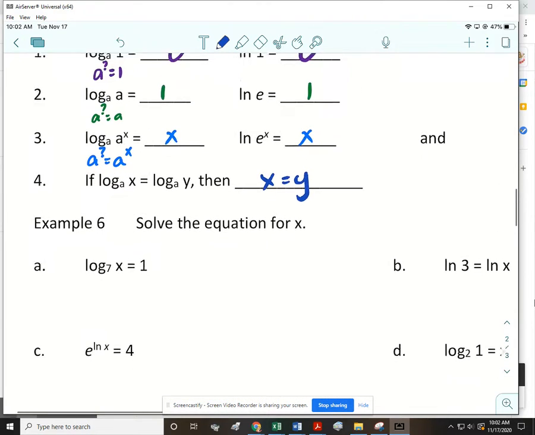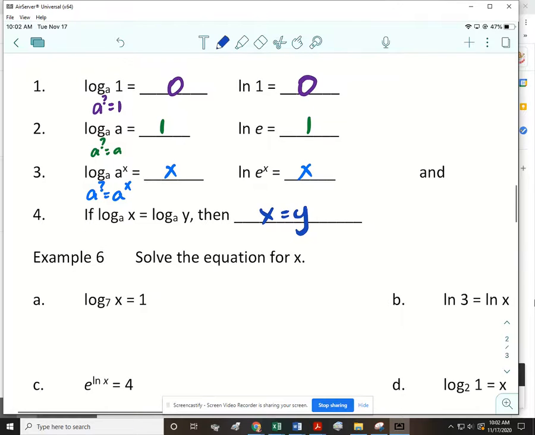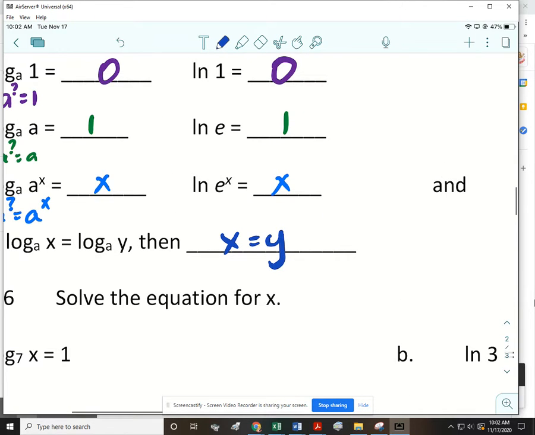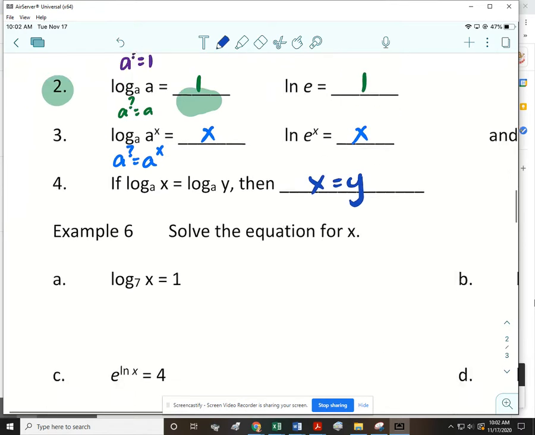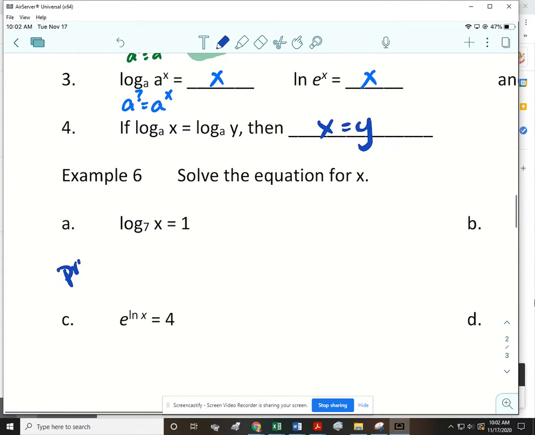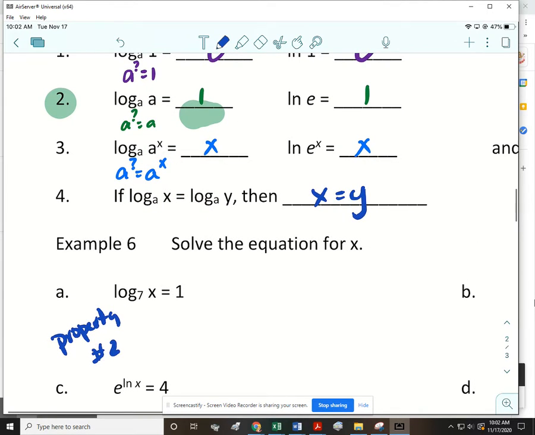So if we're looking at our properties, the property that looks like to me is this one, because we have the 1 there. All right, so I'm going to make a note that that's property 2. And for that to happen, the base has to equal the argument. So x would have to equal 7.